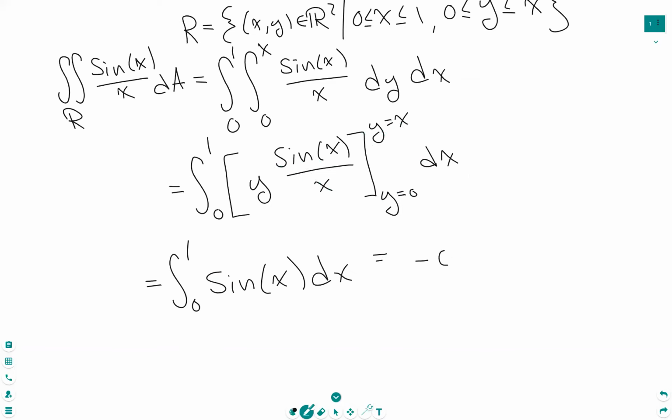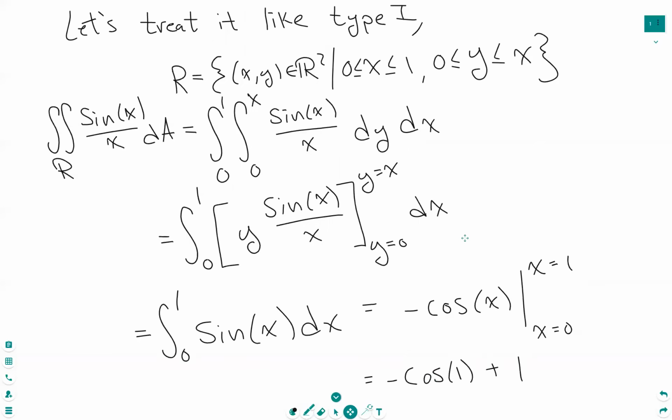So we can get a negative cosine of x evaluated when x equals 0 and x equals 1. Or we can get minus cosine of 1 plus 1. All right, that's the value of the integral. We did it. We did it as a type 1. Now let's set it up and try to integrate as a type 2.